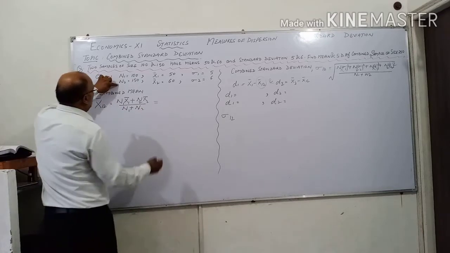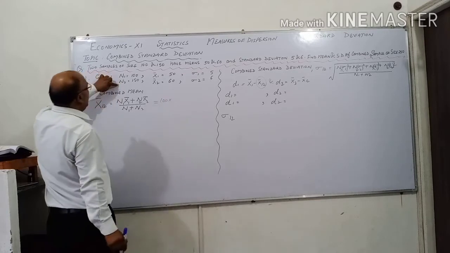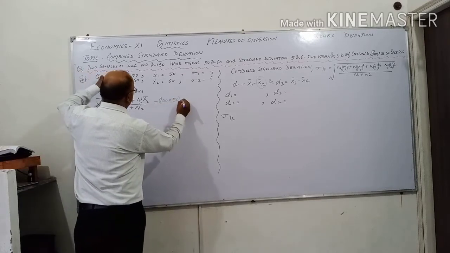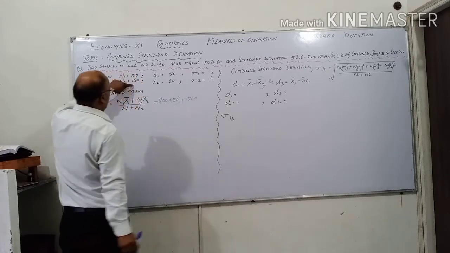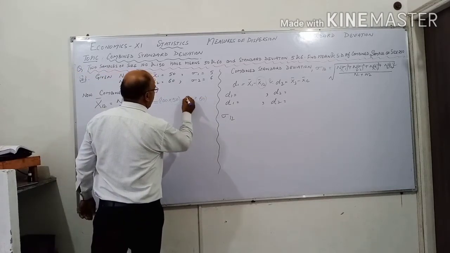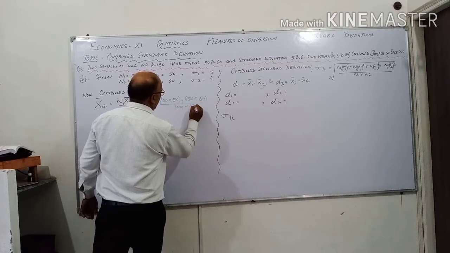n1 is 100 and mean 1 is 50, plus n2 is 150 and mean 2 is 60, over 100 plus 150.